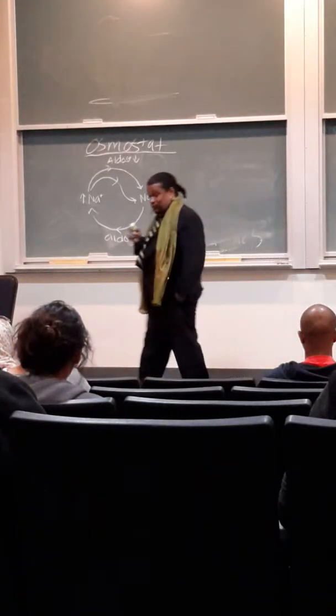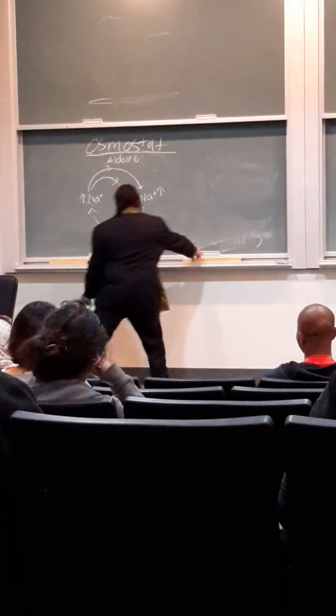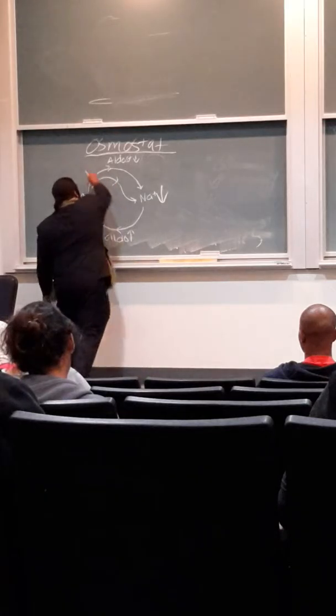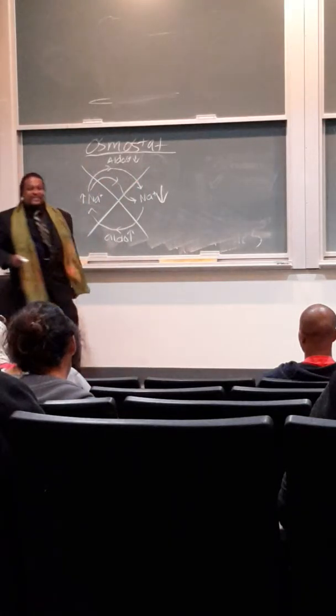So if sodium goes up, this is true. If sodium goes up, aldosterone will go down. If aldosterone goes down, sodium goes up. If sodium goes up, aldosterone goes up. Okay. Oh, sorry, sodium goes down. Anyway, it doesn't matter because cross this out because it ain't true.